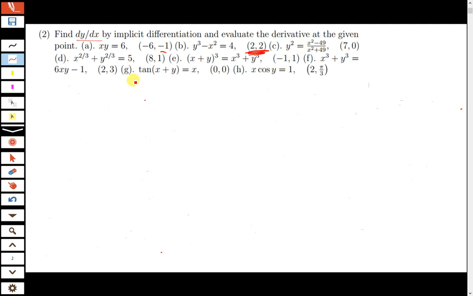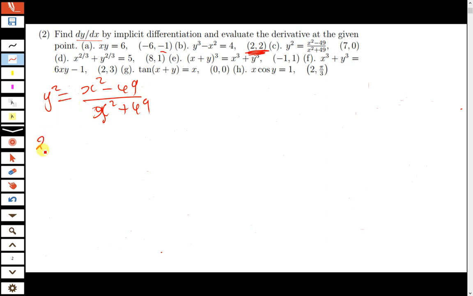So we have y squared is equal to x squared minus 49 over x squared plus 49. So differentiating this part is straightforward.